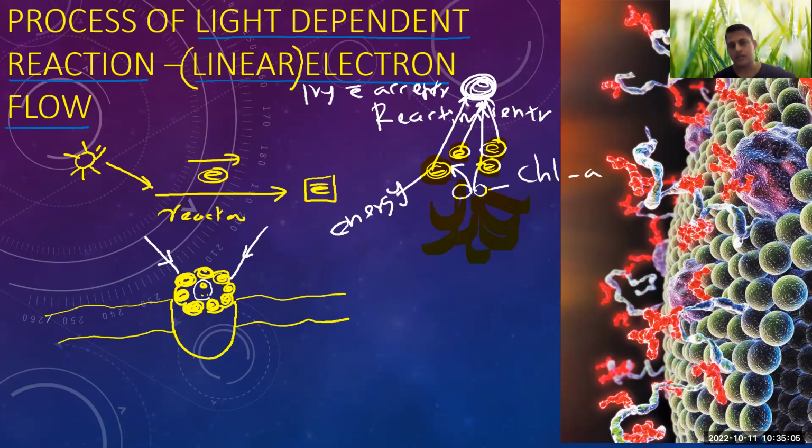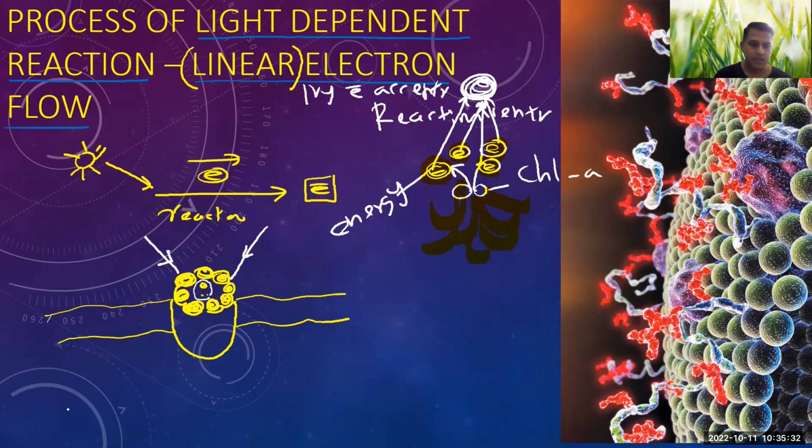It's from the sunlight. Because you know one thing, we cannot destroy energy. We cannot create energy, we only transfer energy. The sunlight energy is transferred to the chlorophyll molecules, and the chlorophyll molecule transfers it to the electrons. Now electrons are moving with a lot of energy to the primary electron acceptor.